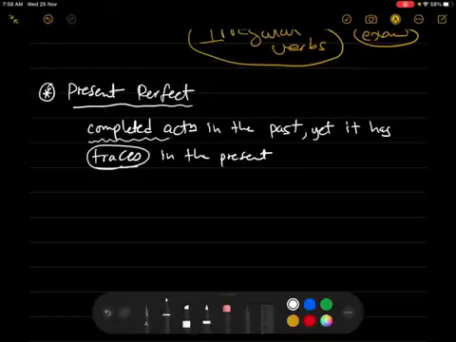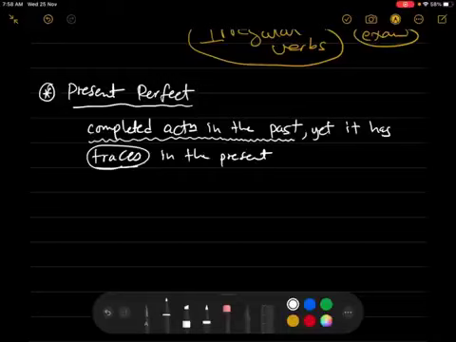So in the first part we say that present perfect is used to express a completed action in the past. In this part it is like the past simple, in that both of them can express a completed action in the past, but we use present perfect only when the completed action in the past has traces in the present.